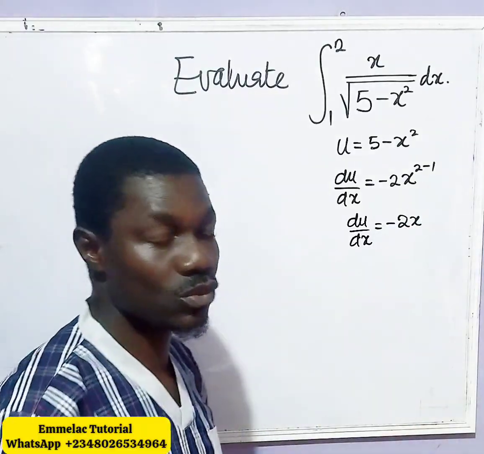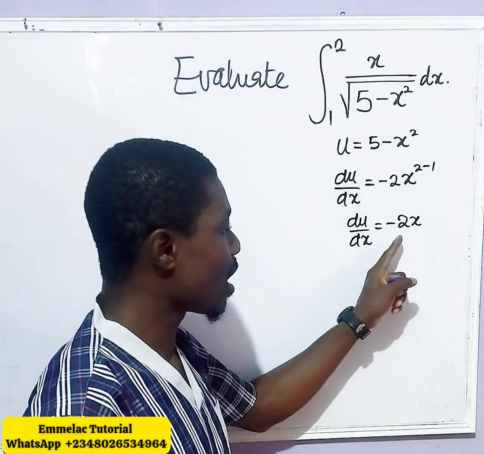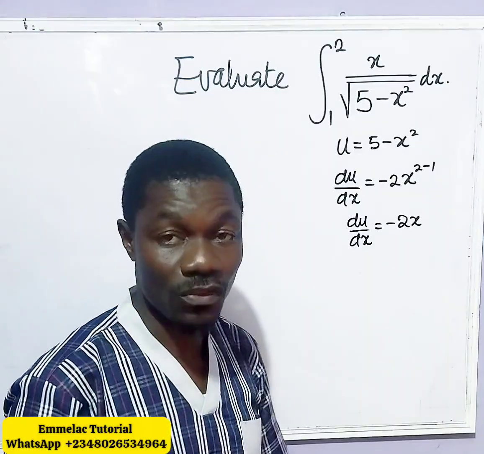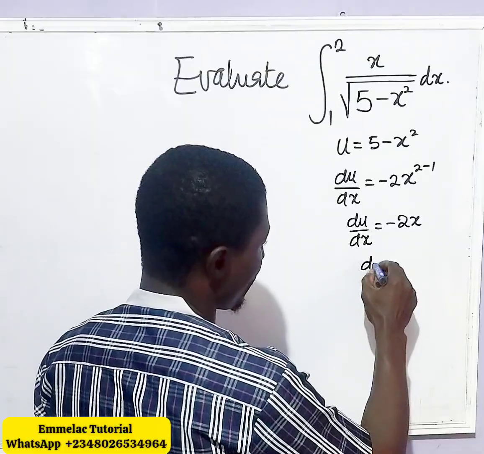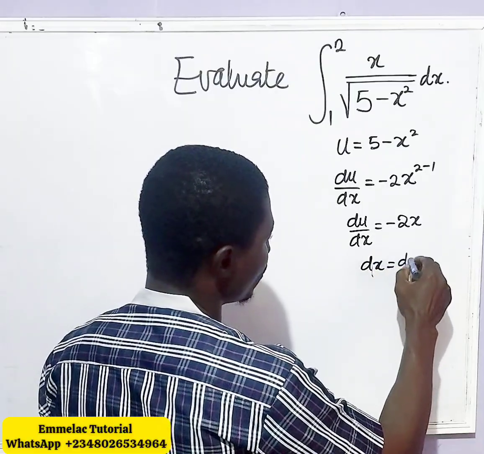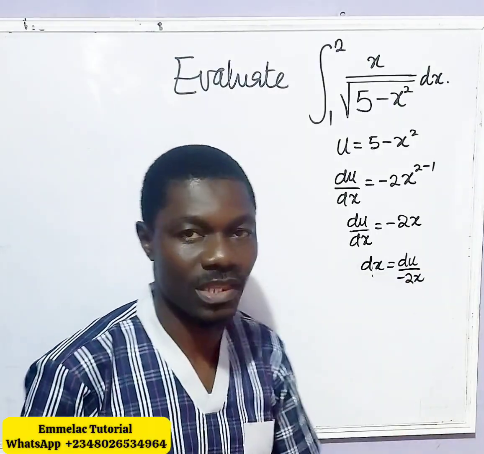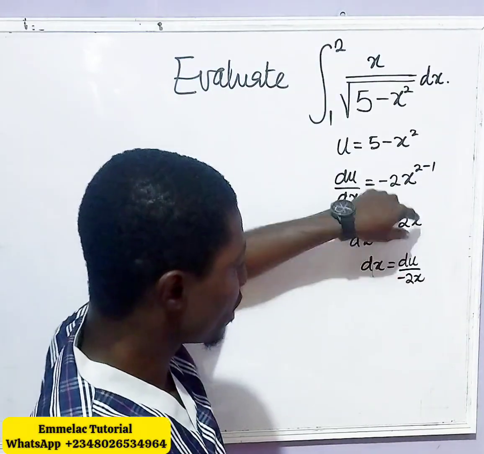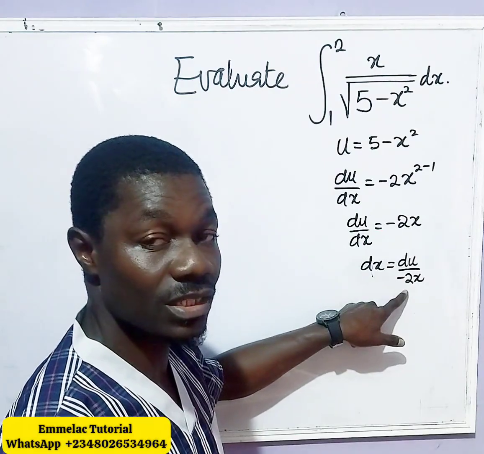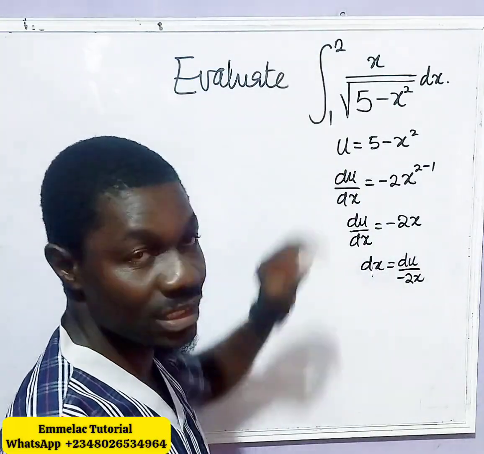Alright, the next thing we need to do is to make dx the subject of the relation. So dx equals du all over negative 2x. At this point, all we need to do is plug in du all over negative 2x for the dx in the whole of this integral.